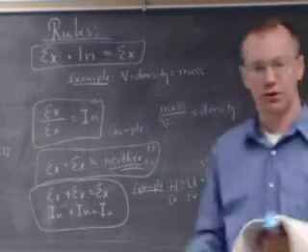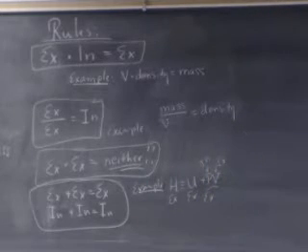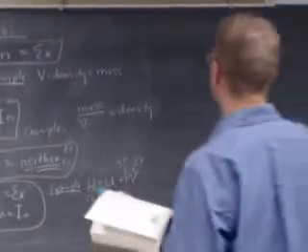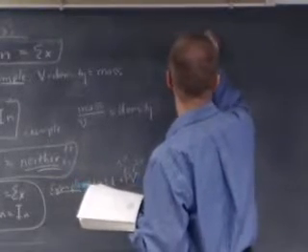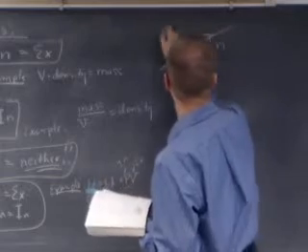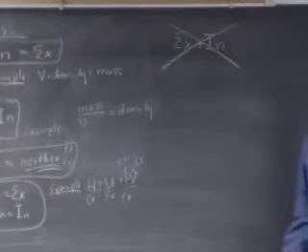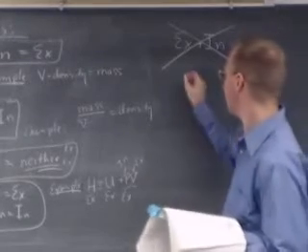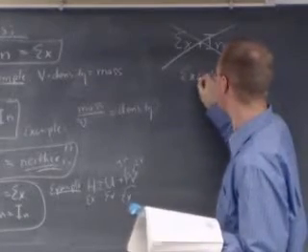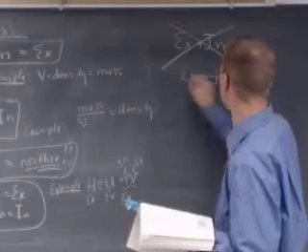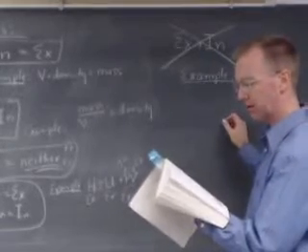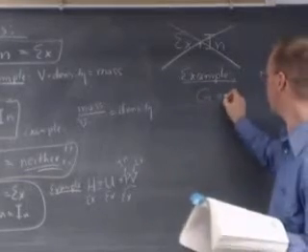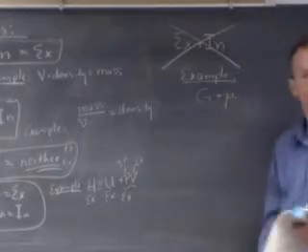If you were to add extensive plus intensive, you can't. That's not allowed. And he says, for example, you will never come across Gibbs free energy plus chemical potential.